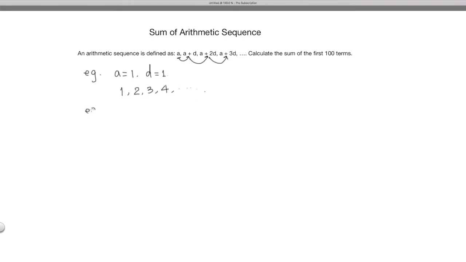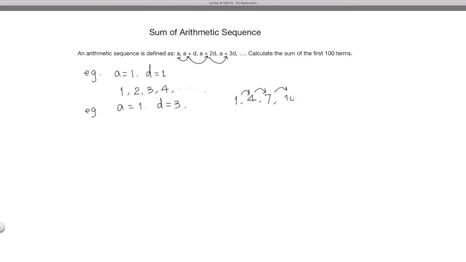And again, another example, when a equals 1, d equals 3, the sequence goes like 1, 4, 7. Every time it's adding d, which is 3.